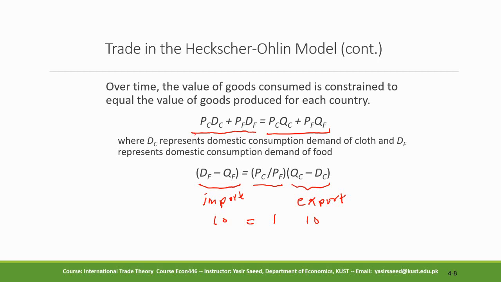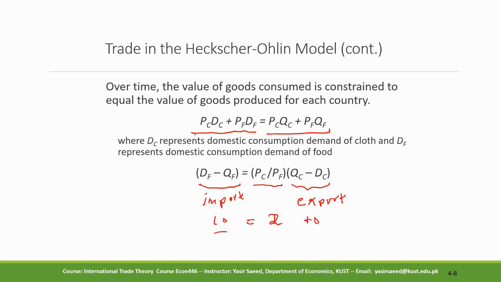But if we are importing, let's say, food worth 10 rupees, and the price of cloth to price of food is double, right? We are selling cloth for 20 rupees, but we are buying food for 10 rupees. Then how much cloth do we need to export in order to get this import?